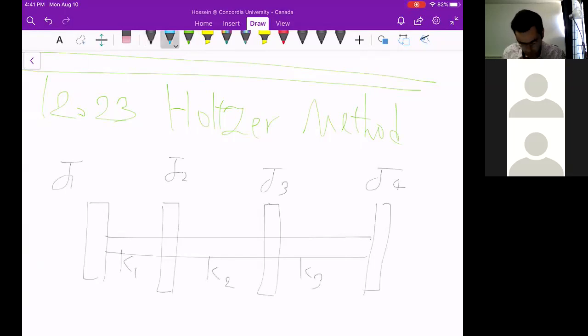And suppose each of them can have a deflection, a rotational angle theta 1, theta 2, theta 3, and theta 4.